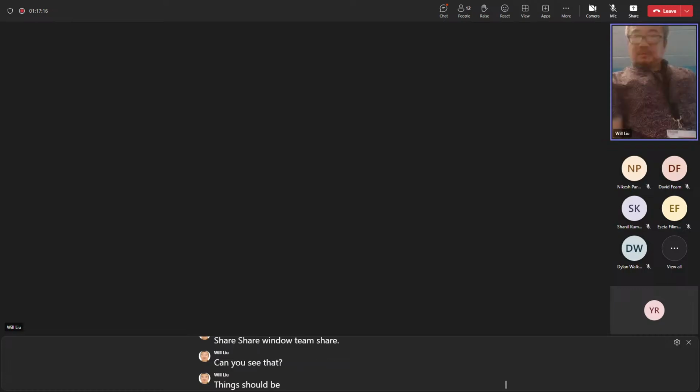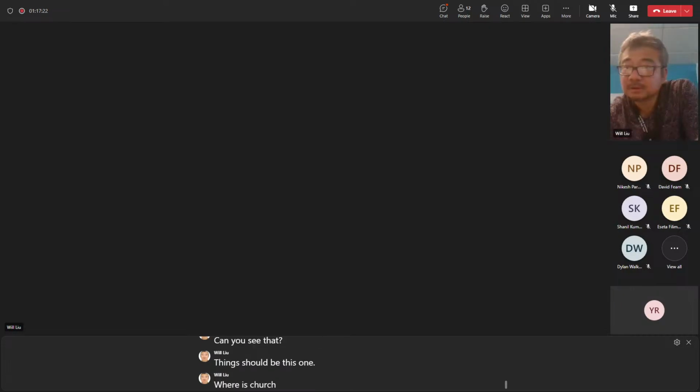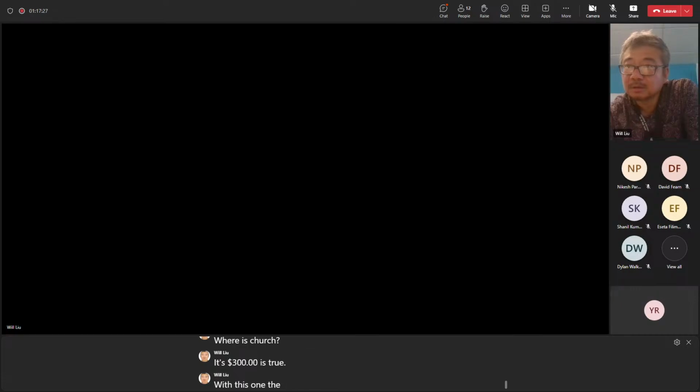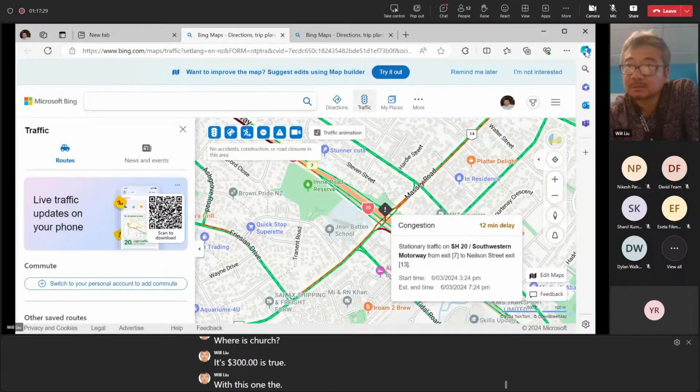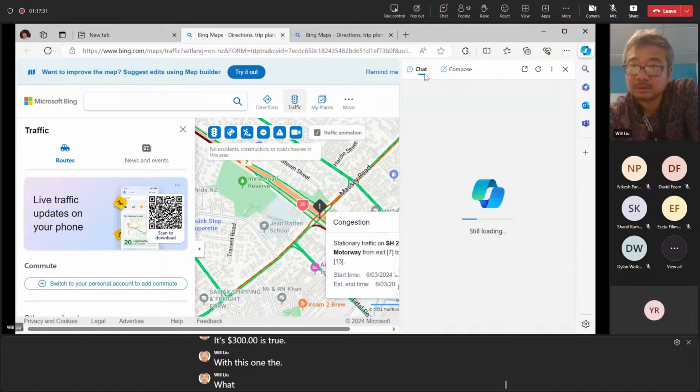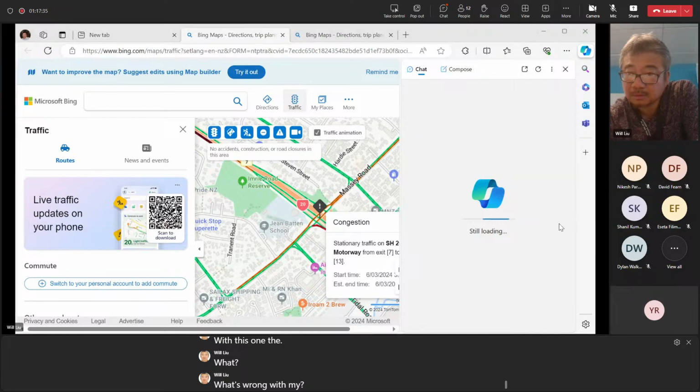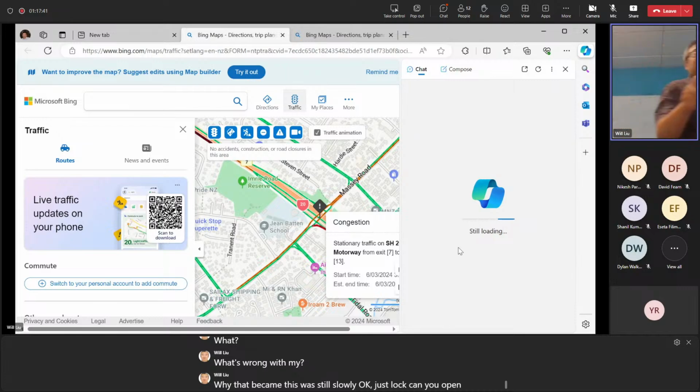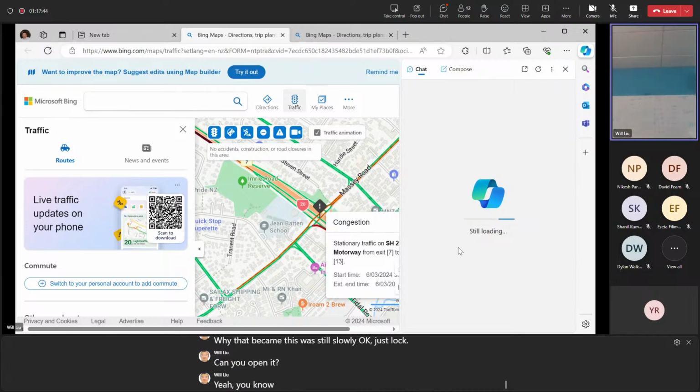I think it should be this one. Where is the chat? It should be this one. What's wrong with my screen? Why did it become this? It's still loading. Okay, it's just slow. Can you open it? Yeah, you can answer the question.